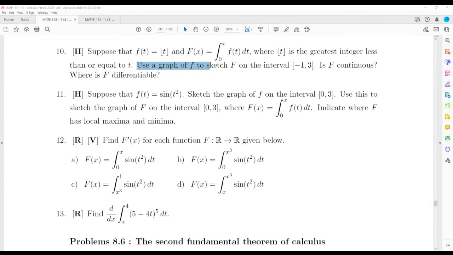Okay, so this is one of the good things about having access to Maple. So what does this function look like as a graph? Is it continuous? And is it differentiable? Okay, so let's go off to my Maple window.